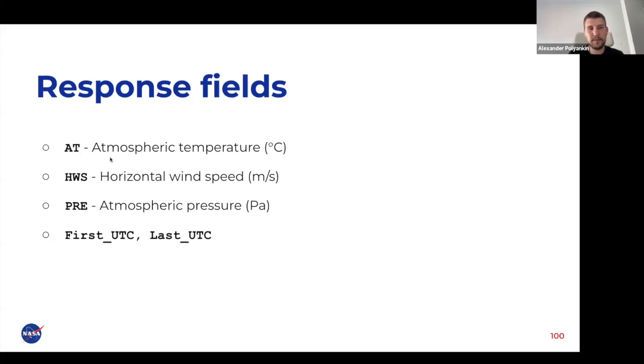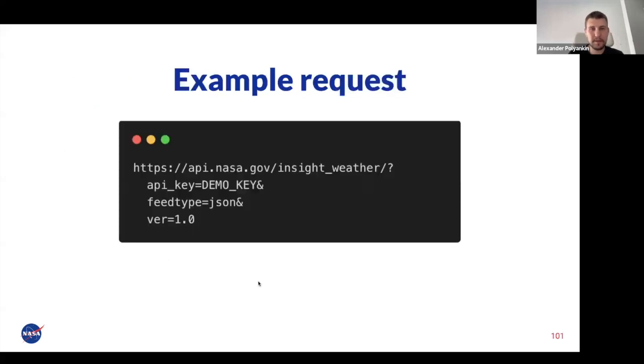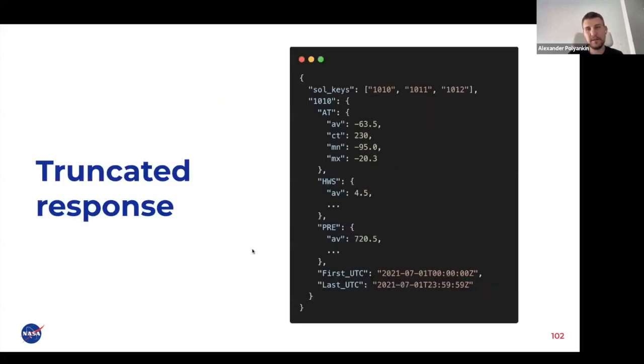So you can get information about the temperature, the wind speed, the pressure, and the date of the record. That's how a sample request can look. You can see that it's just basic REST, and that's an example of the response. So there are sols, which are the Martian days, and they work like indexes.